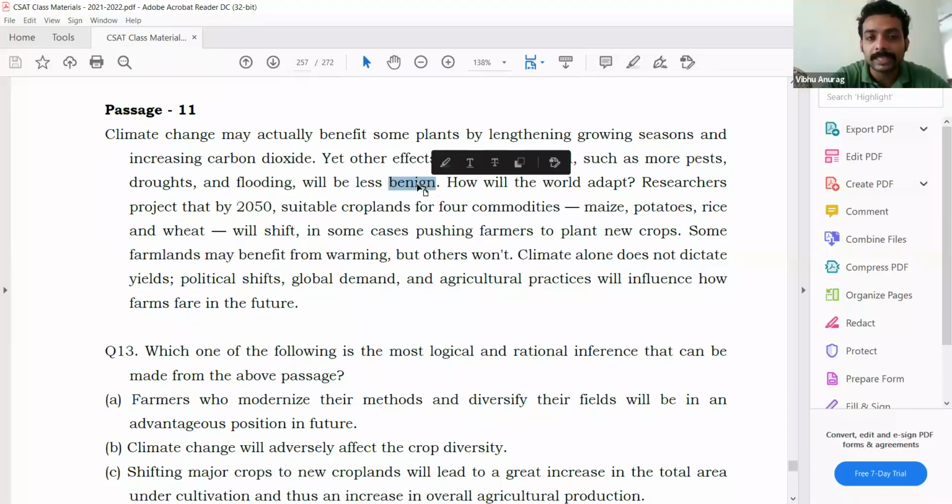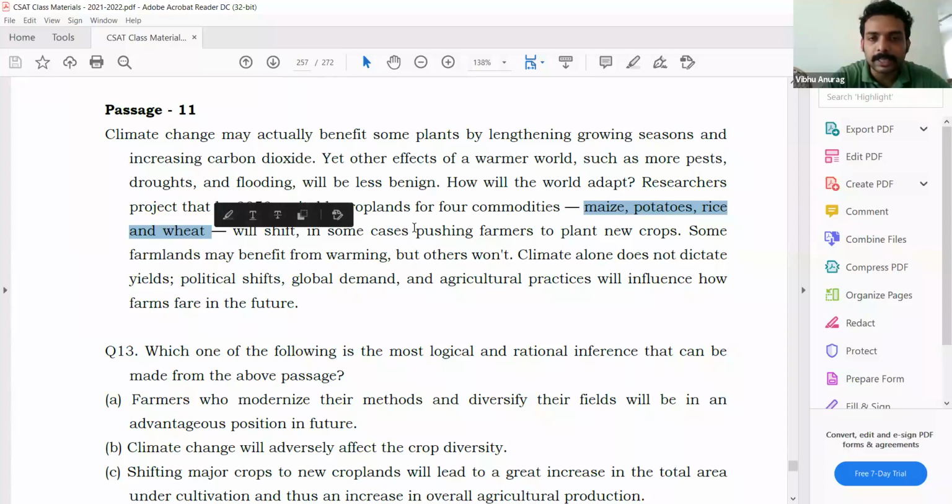So other effects will be less harmless, which means it will be more harmful. How will the world adapt? Researchers project that by 2050, suitable croplands for 4 commodities, that is maize, potatoes, rice, and wheat, will shift. In some cases, pushing farmers to plant new crops. Some farmlands may benefit from warming, but others won't.